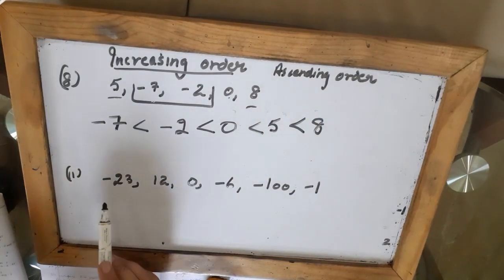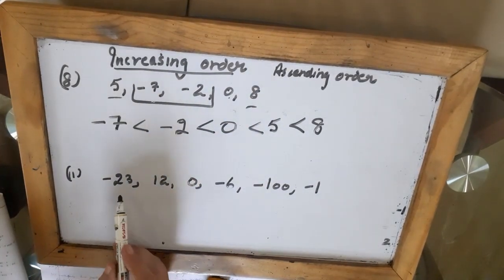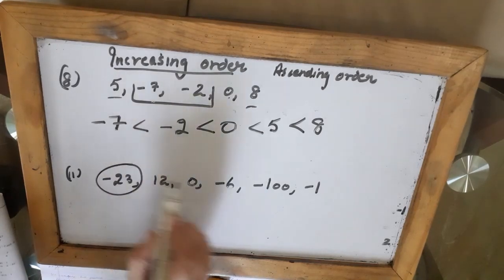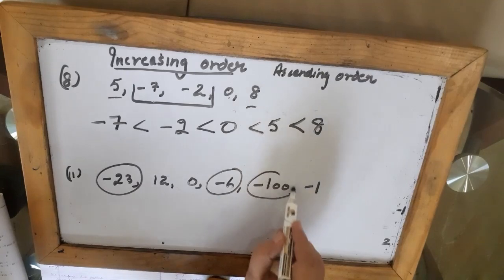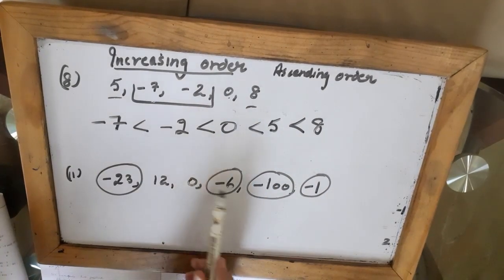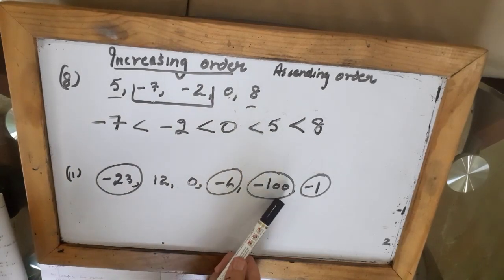So now again, if I look at the second question, I have to put in the ascending order, increasing order, and I have to pick the smallest integer, and I know that the negative integers are smaller. So I will first look at the negative integers, and out of these negative integers, which is the smallest one? This one. So you remember, as the negative number increases, its value decreases.